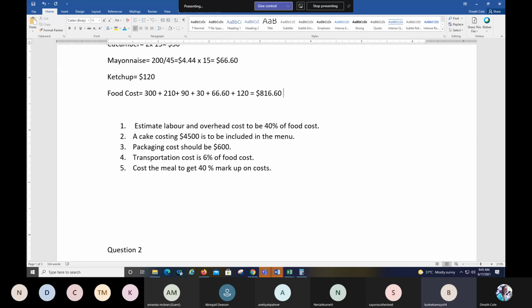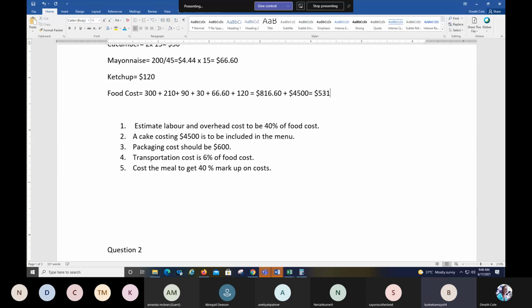Miss, we could add up the cake. Good. Add the cake first. Hold on, not packaging yet. We add the cake because the cake is included in the menu. So add the cake now, the 4,500. $5,316.60.